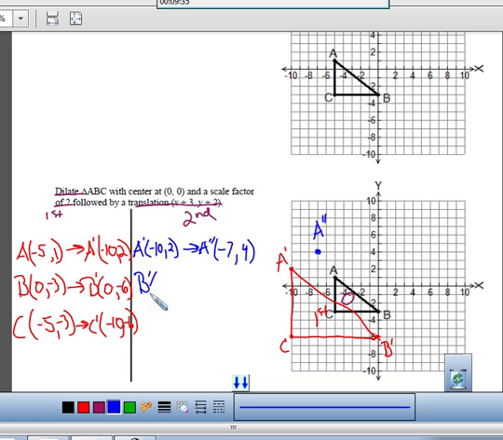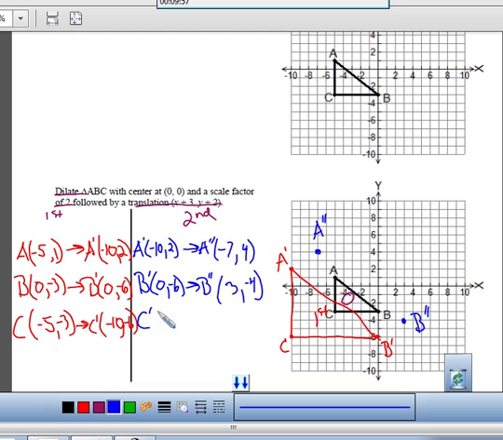B prime is at 0, negative 6. B double prime, we are going to add 3 to 0, so that's 3. We're going to add 2 to negative 6, that's negative 4. So 3, negative 4. That's right here. This is B double prime.